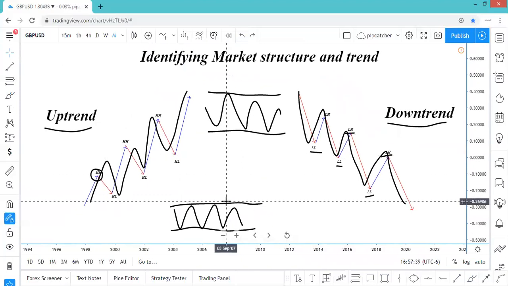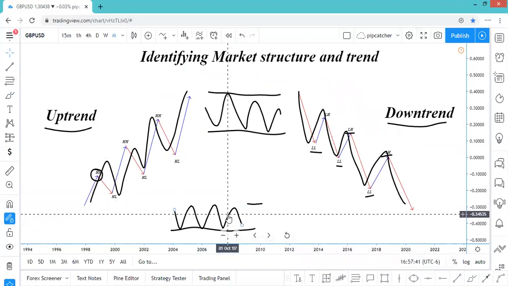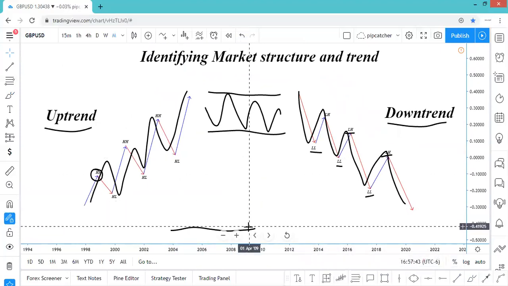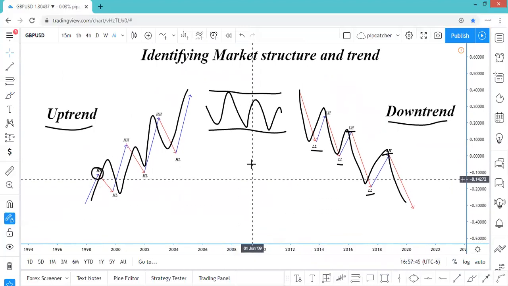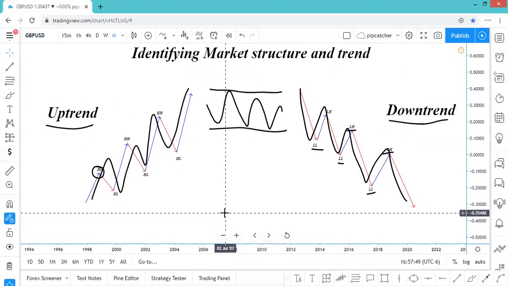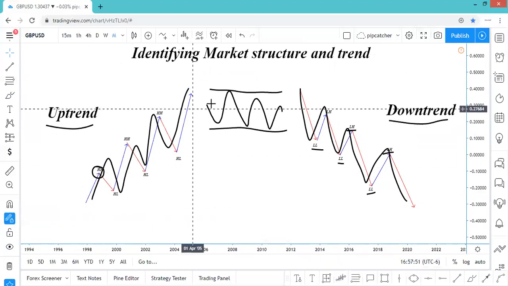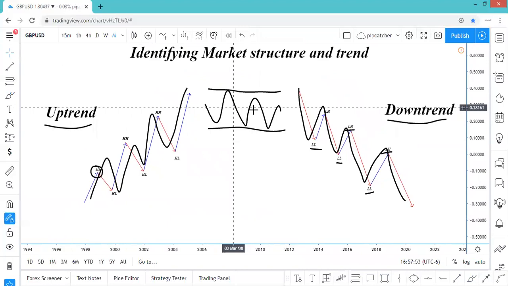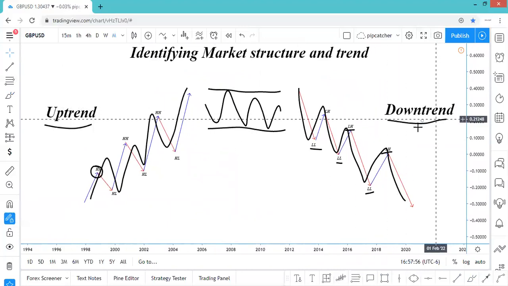So yeah, the key thing for this was, the market moves in three ways, which is uptrend, consolidation, and downtrend.